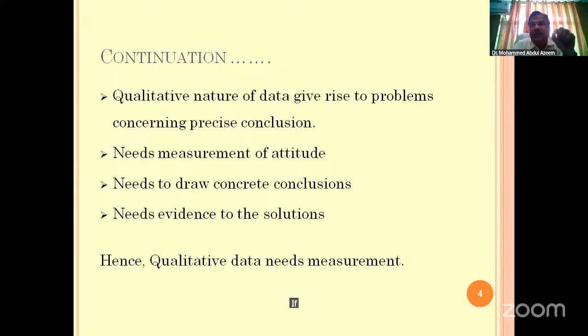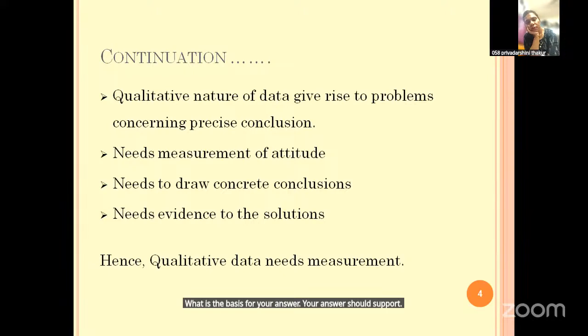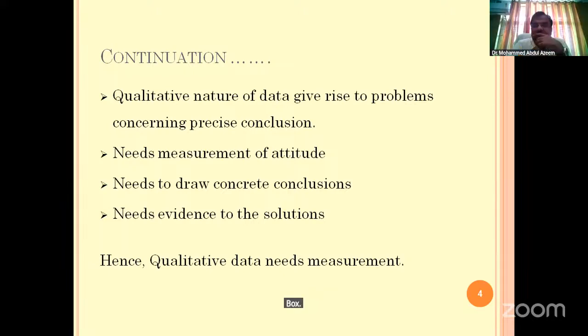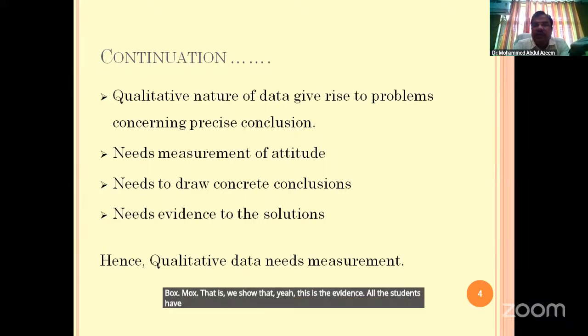If I say in my class all the students are intelligent, what is the basis for your answer? Your answer should be supported by marks. That is the evidence. All the students have got more than 70%. That's the reason I say the students are intelligent.